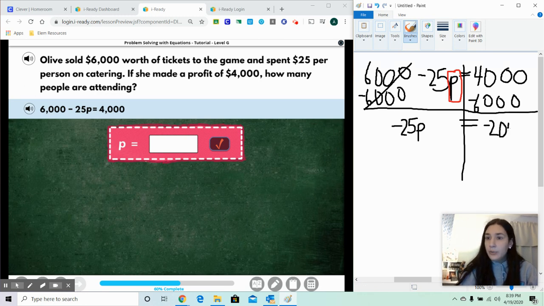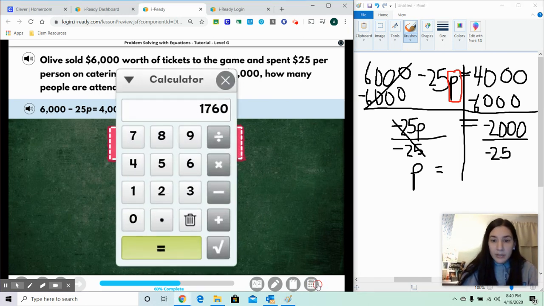P is still not alone yet. The negative 25 and p are attached by multiplication. I want to do the inverse operation. So I'm going to divide both sides by negative 25. These will reduce to 1, and p will be alone. And over here, I want to divide by negative 25.